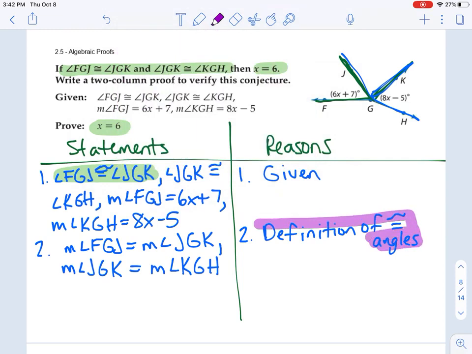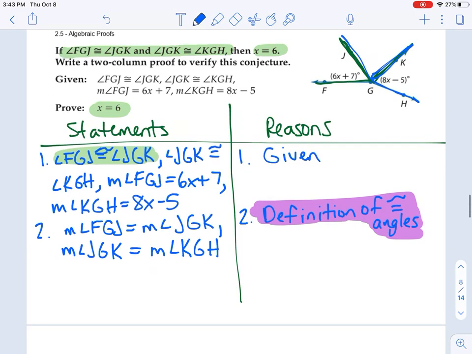Definition of congruence, sometimes angles, sometimes segments, sometimes other things, but that will come back. So definition of congruent angles tells us we can go between congruence and measure equality. That's what it tells us.